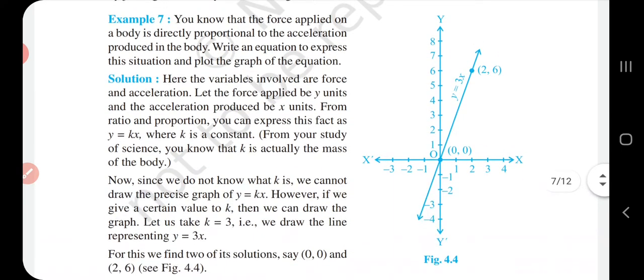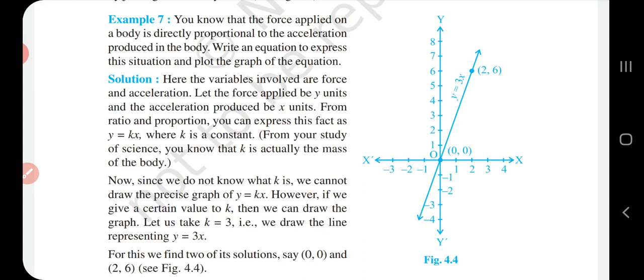You know that the force applied on a body is directly proportional to the acceleration produced in the body. Write the equation to express the situation and plot the graph of the equation. So what can you do? It means y = kx. Here the variables involved are force and acceleration.